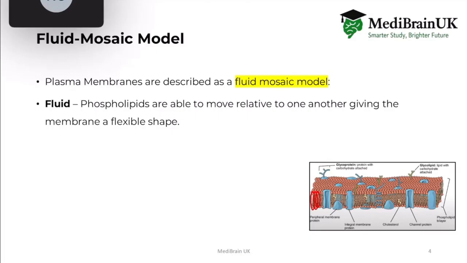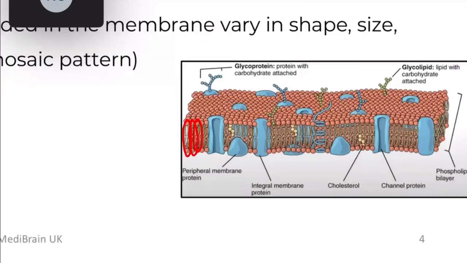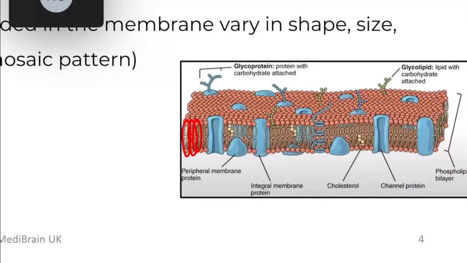So why is it called the fluid mosaic model? Well, if we think about it, this is what it means. In the plasma membrane, you have many shaped components. As you can see, we have some integral proteins, we have some peripheral proteins, we have some cholesterol, we have some channel proteins, we have some glycoproteins, we have some glycolipids.